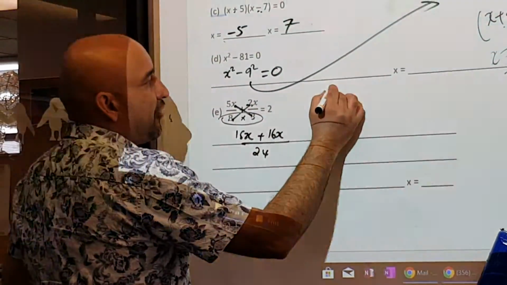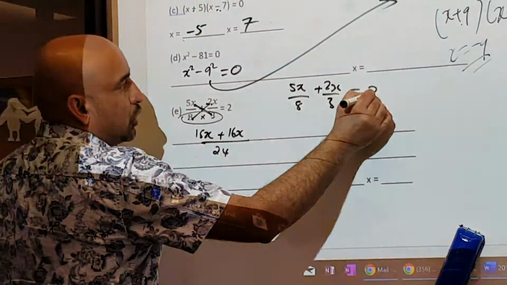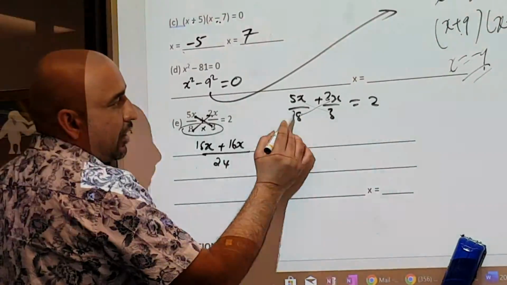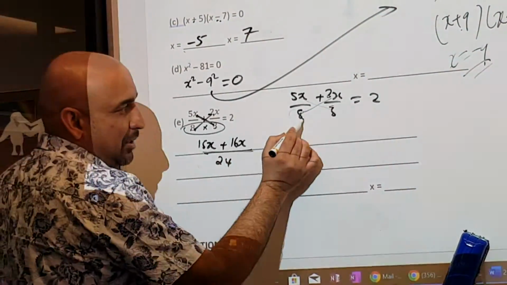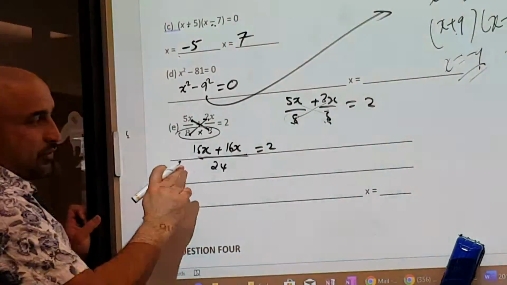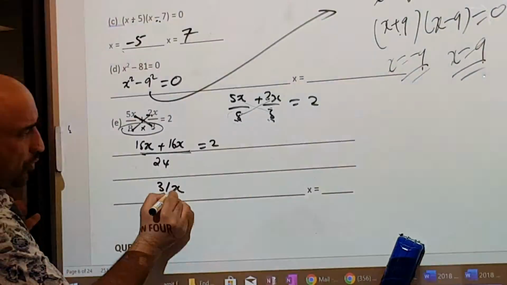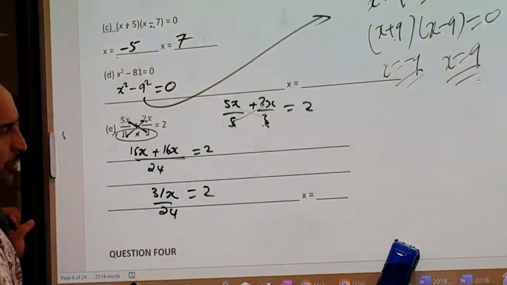So it was 5x over 8 plus 2x over 3 equals 2. So you cross multiply, then put it over the multiplication of the denominators. So 15x plus 16x is 31x over 24 equals 2.